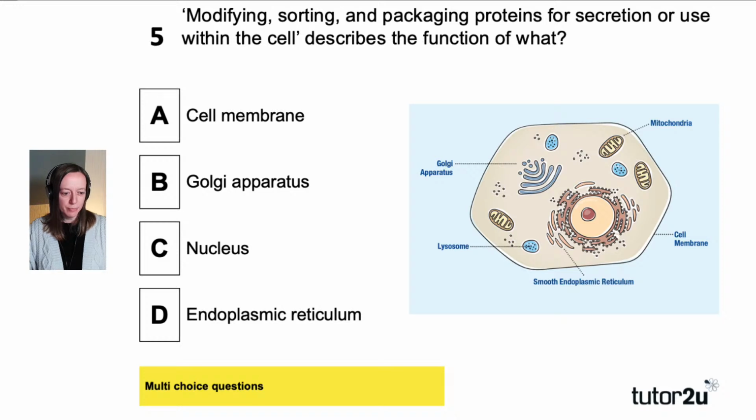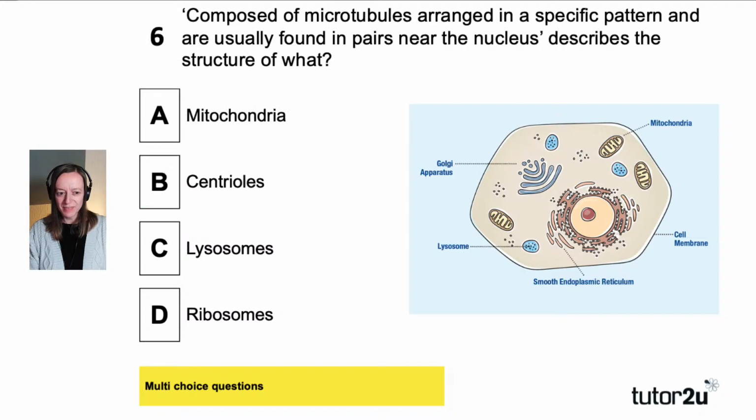We've got someone saying B, Golgi apparatus. Loads of people coming through now. B, Golgi apparatus. Caitlin said D, endoplasmic reticulum. Nima's saying Golgi apparatus. Yep, you would be correct. It is the Golgi apparatus. They have great names, don't they, these cell organelles?